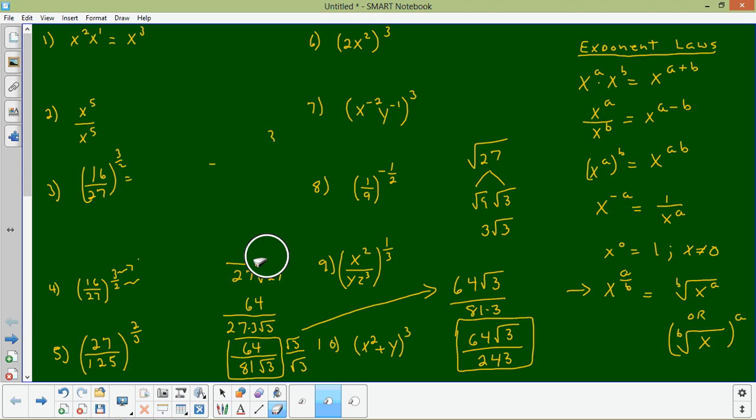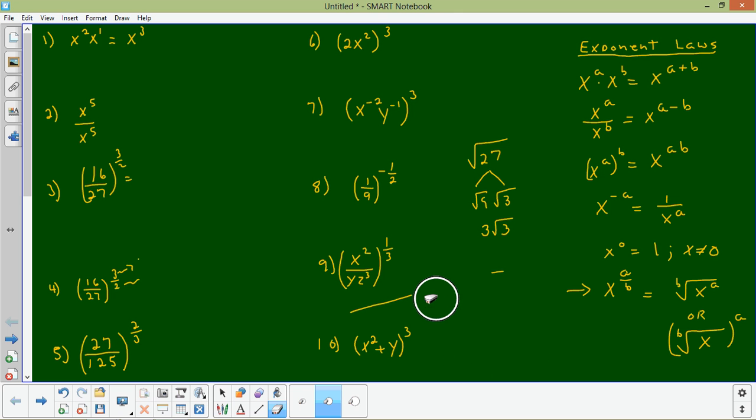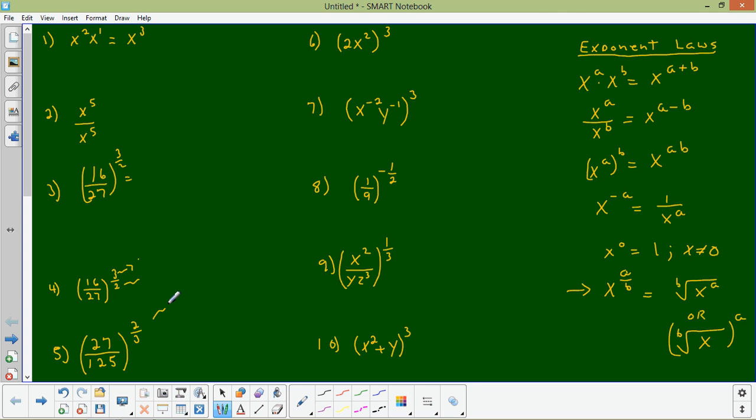The next exercise is similar. You're given a fractional exponent again, and it's 27 over 125 to the 2/3 power. And so think about that 2/3 power, and you know the 3 represents a root, right? So what this means to us here is cube root of 27, which you should know, over 125, and then square that.